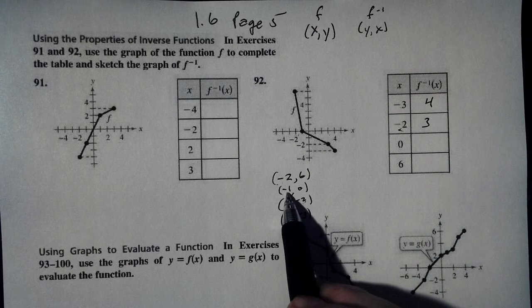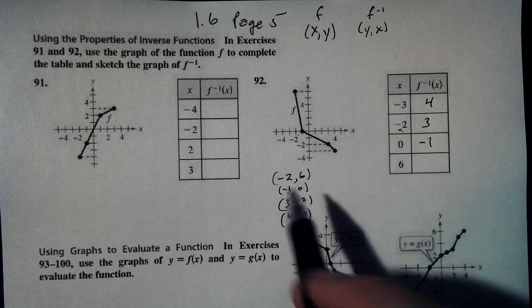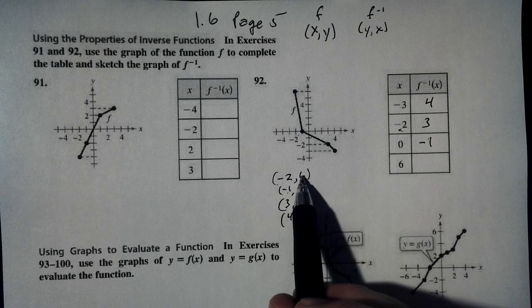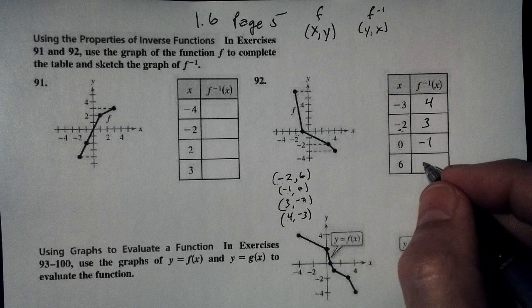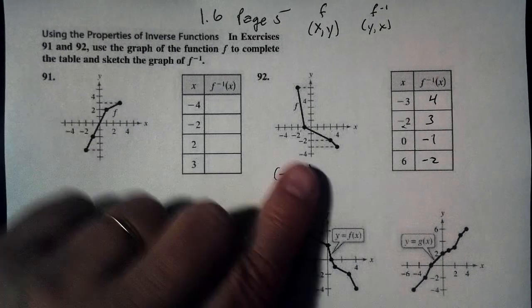If f is a factory that turns negative 1's into 0's, f inverse must turn 0's into negative 1's. If f is a factory that turns negative 2's into 6's, f inverse undoes that and turns 6's back into negative 2's.